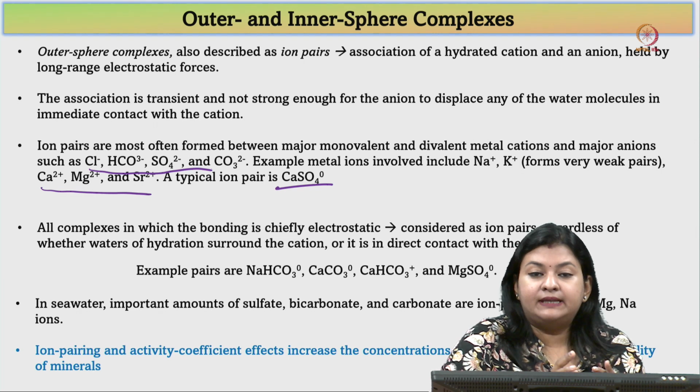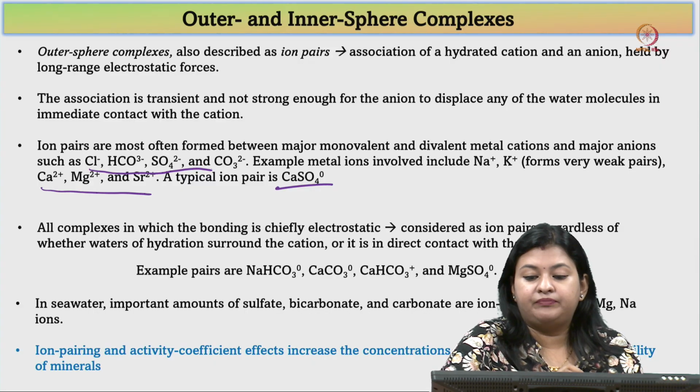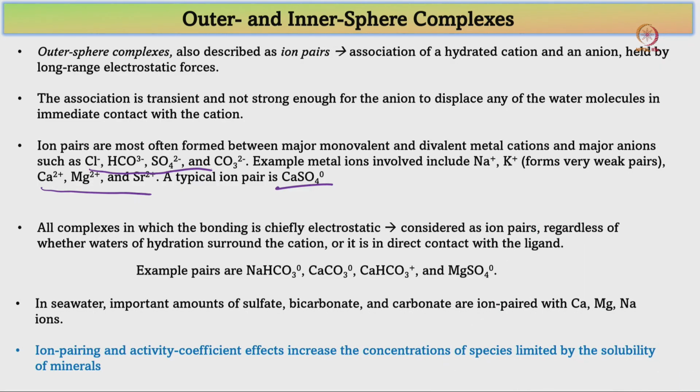Now, all complexes in which the bond is chiefly electrostatic are considered as ion pairs, regardless of whether they have hydration around the cation or not. Okay. So, if the bonding is chiefly electrostatic, then it is considered an ion pair. Okay.